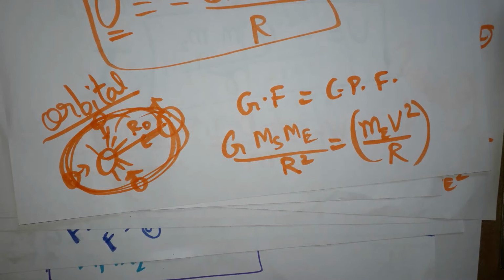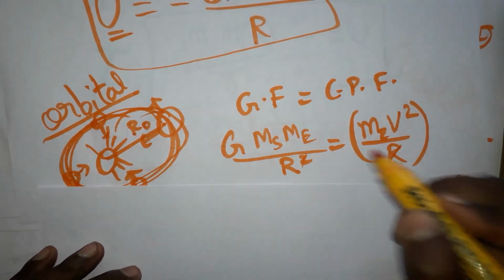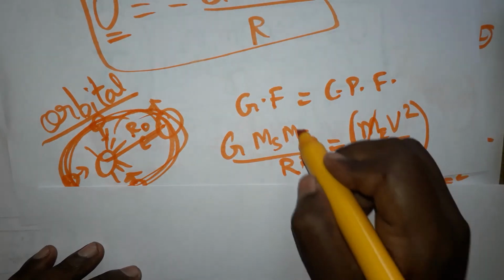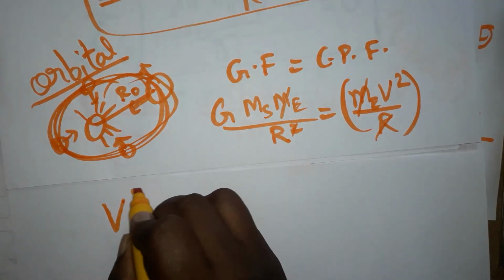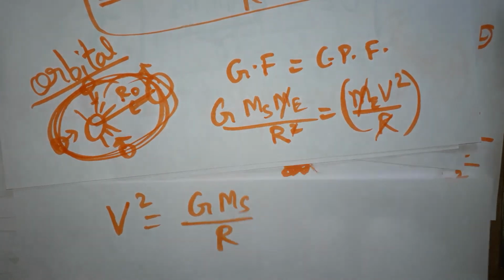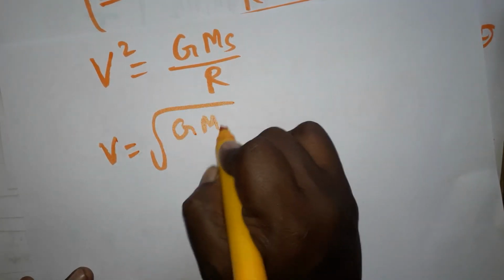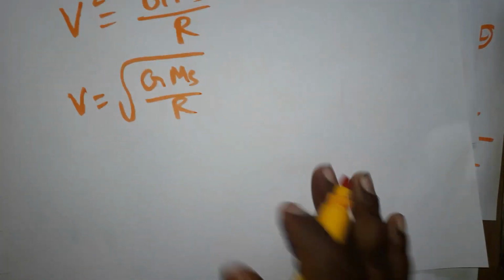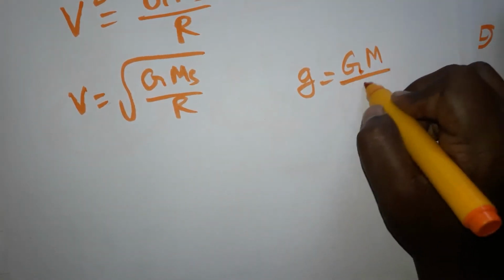In this equation, r gets cancelled, and the mass of the earth gets cancelled. So v square is equal to G times mass of the sun divided by radius. So velocity is equal to root of G Ms divided by r. Already I said small g is equal to capital G times m divided by r square.